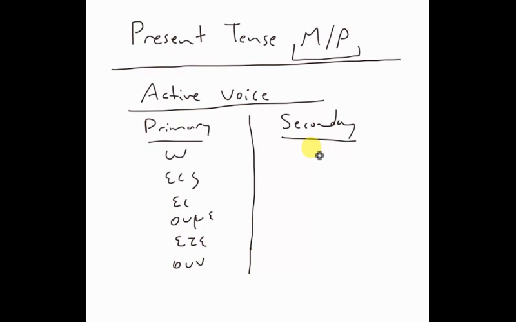Our secondary endings are a, es, e, ame, ate, an. So these are the active voice primary and secondary endings. Now, in the middle passive of the present tense, we have to look at the passive primary endings.